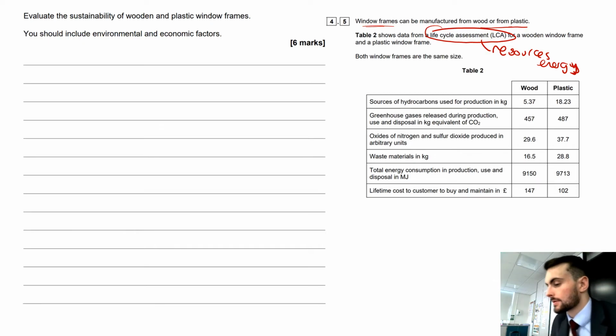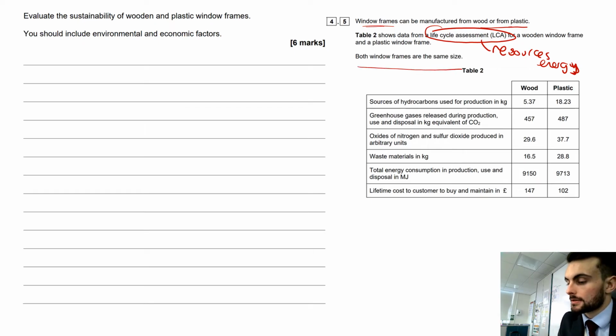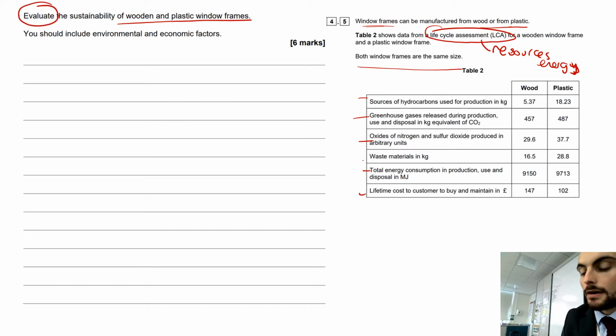So there's a comparison between the two in the table. Both window frames are the same size. Evaluate the sustainability of wooden and plastic window frames. The keyword here is evaluate, so that's talking about the pros and the cons, and you should include environmental and economic factors in your answer.